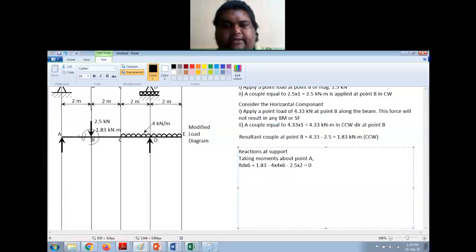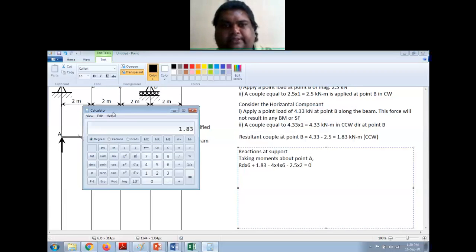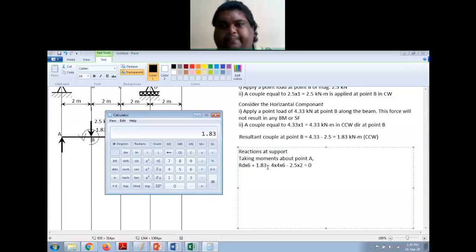Now if you calculate this, you will get the RD. These two negatives will go on the other side as positive. So 4 into 4 into 6 plus 2.5 into 2 is 5, minus 1.83.